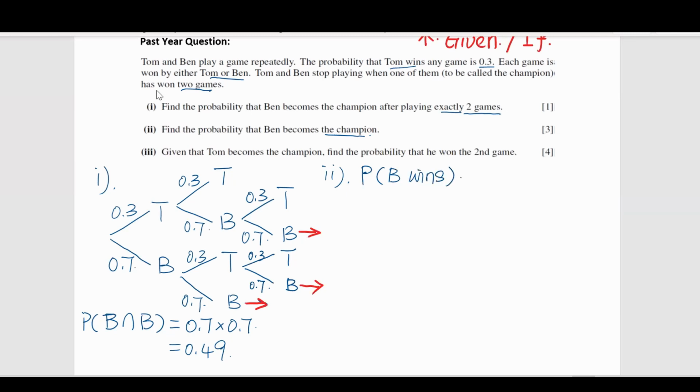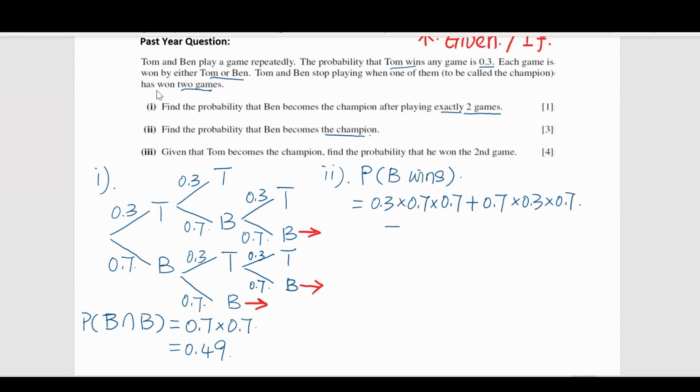So look at the probability calculation. From the first outcome, we know Tom wins, 0.3, followed by Ben wins and Ben wins. Then we sum up with another possible outcome: the first game is won by Ben, 0.7, followed by Tom wins, 0.3, and finally the third game is won by Ben, 0.7.